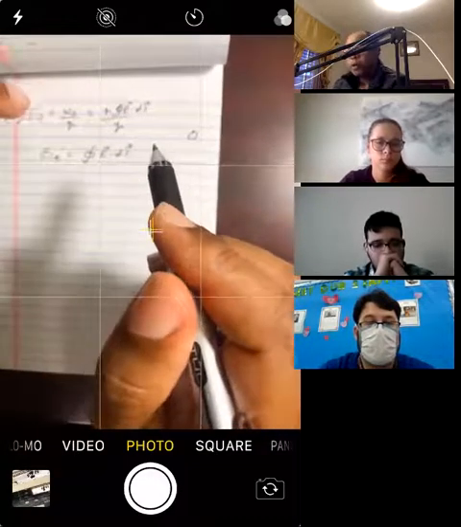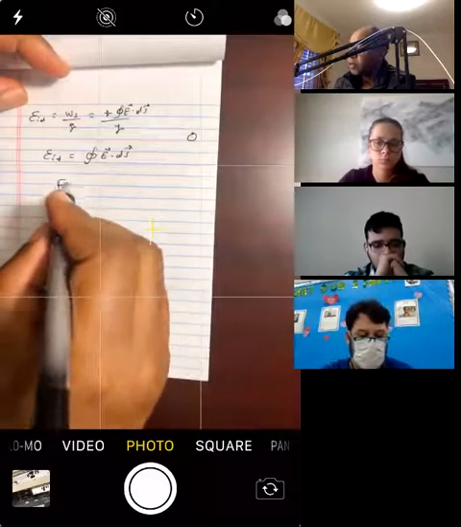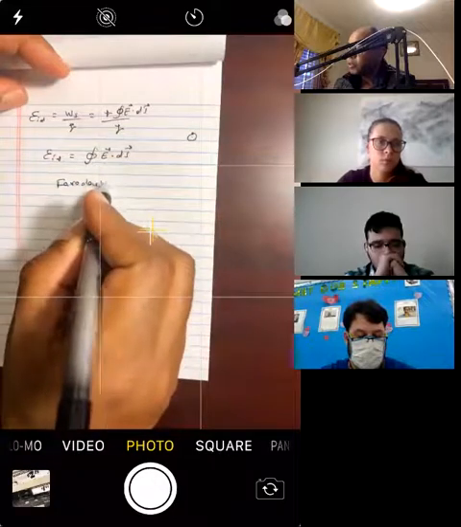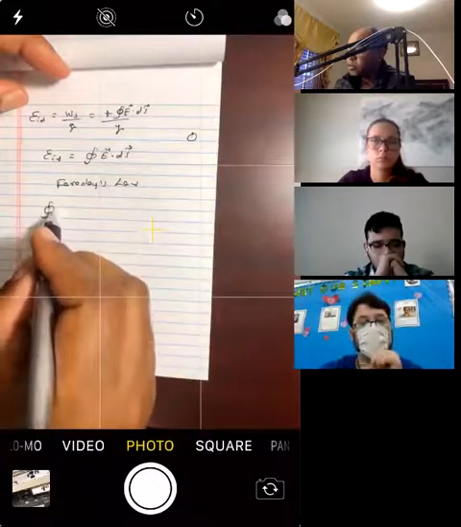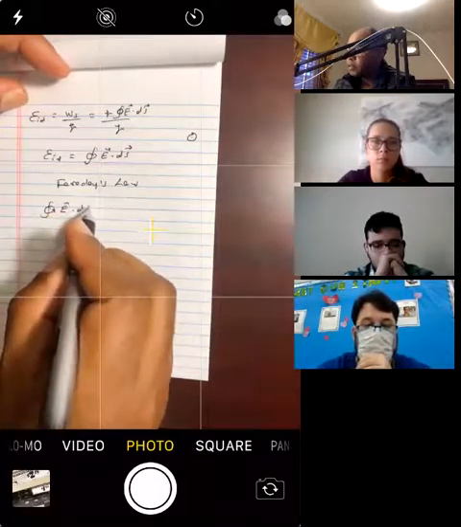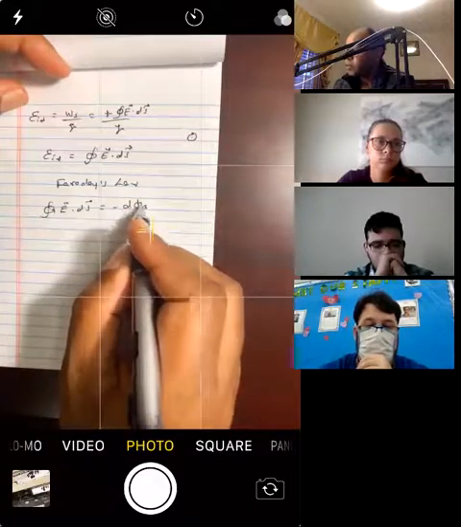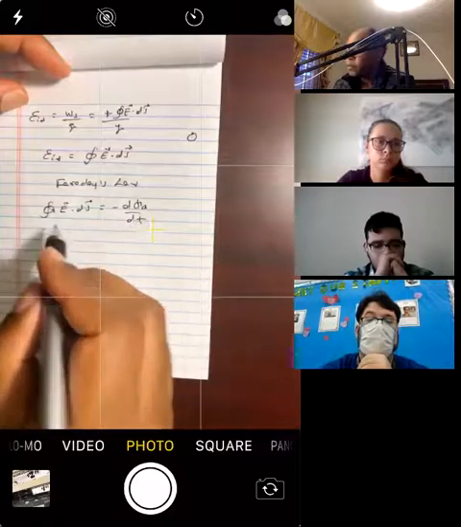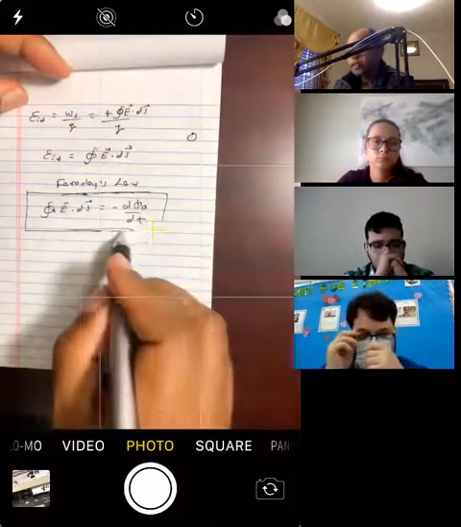So now we can write Faraday's law in this way. Faraday's law can be written as follows. This induced EMF, which we evaluate in a counterclockwise direction, the integral of E dot ds, equals the negative derivative of magnetic flux with respect to time. This is another way of writing Faraday's law.